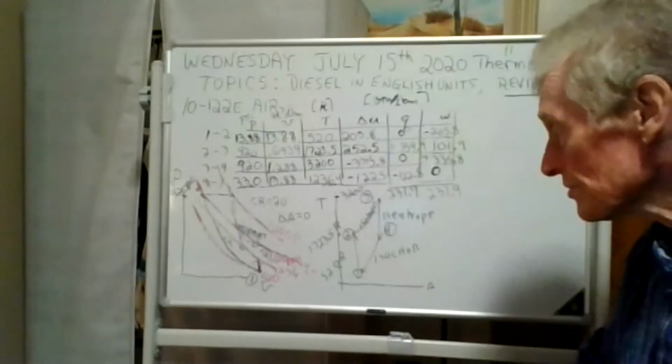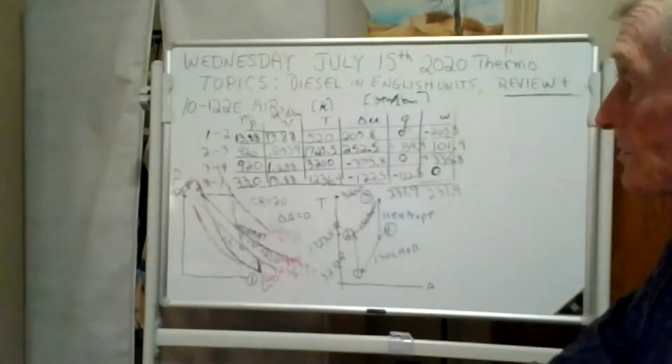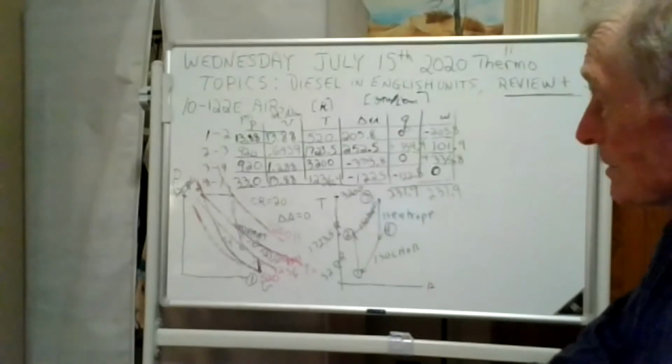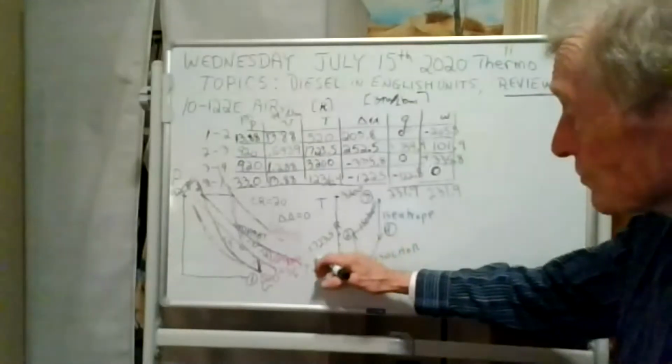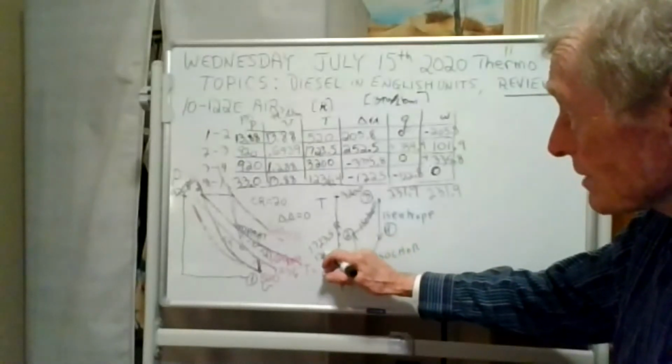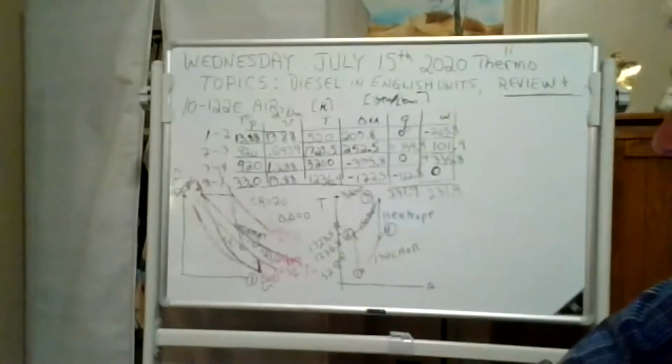And so you could put your temperature at 4. What's the temperature at 4? There you go. It's 1236.4 Rankine. Got all the temperatures on there now.